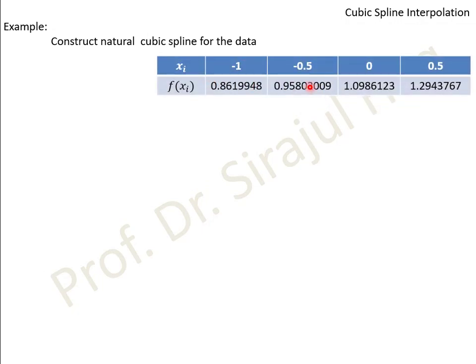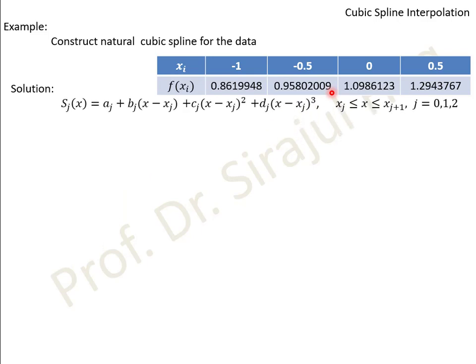Now look at this table. How many points do we have? x0, 1, 2, 3, 4. 3 splines we can construct. And we number this x0, x1, x2, x3. So when I say x3, the value of n is equal to 3 in your problem.